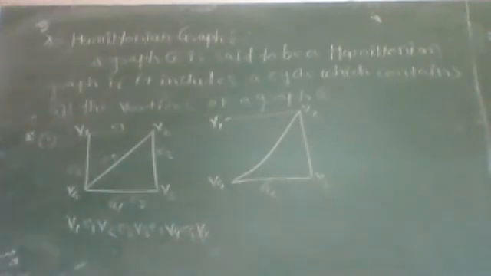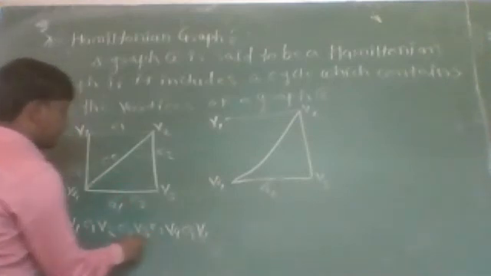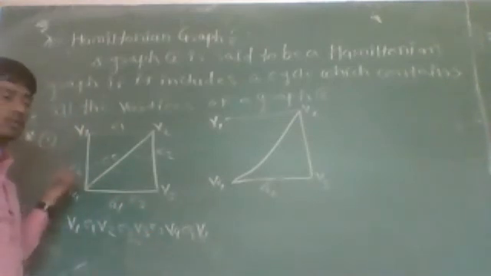We know that a cycle is nothing but a closed walk in which no vertex is repeated except the end vertices. That is, a walk is said to be a closed walk if the end vertices of the walk are the same, and a closed walk is said to be a cycle if there is no vertex repeated in the closed walk.